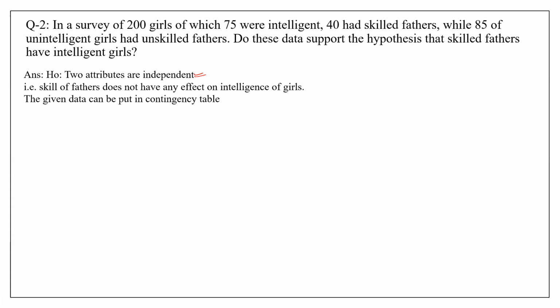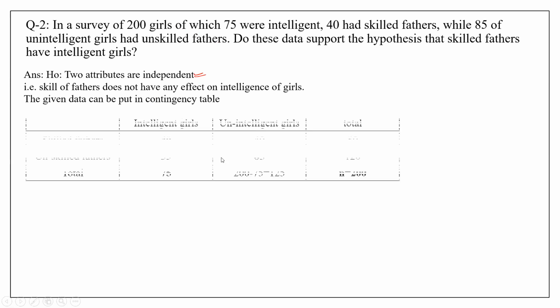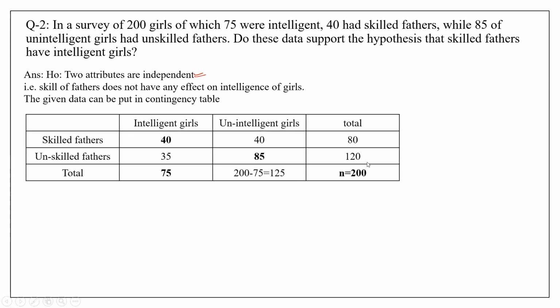It is understood now. So now what we have to do first, this given data we have to put in a contingency table. So let us first write the contingency table. As given, in a survey of 200 girls, so n value will be 200. 75 were intelligent, so the intelligent girl total number is 75.